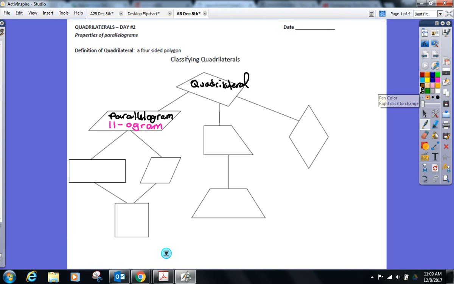And then the rest of the family. We have Rosie, the rectangle. Randy, the rhombus. And then finally, the golden child of the entire family, Susie, the square.